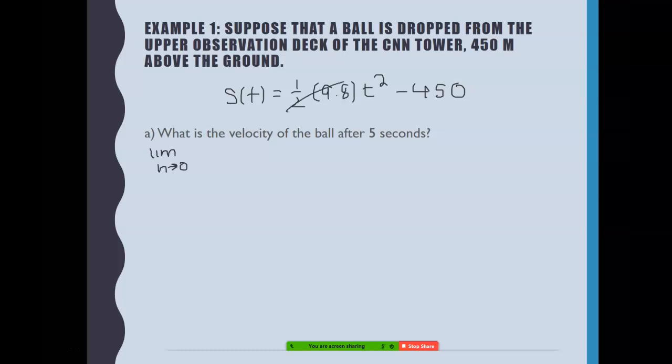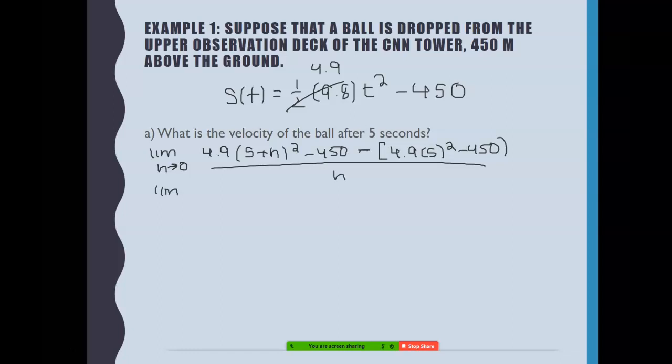In this case, f is 4.9 times (5 plus h) squared plus 450, minus f of 5, all over h.